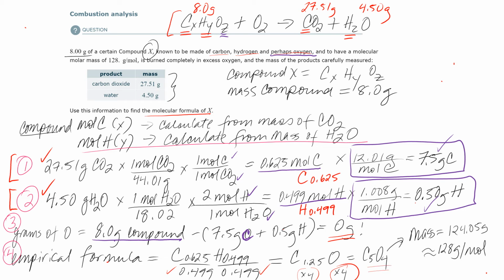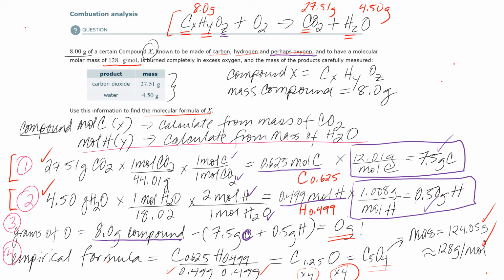Now, we're also given a molar mass in this problem of 128 grams per mole. So when we calculate the mass of the empirical formula, we get 124.05 grams. This is actually pretty close to 128 grams per mole, so this means our empirical formula is the same as our molecular formula.